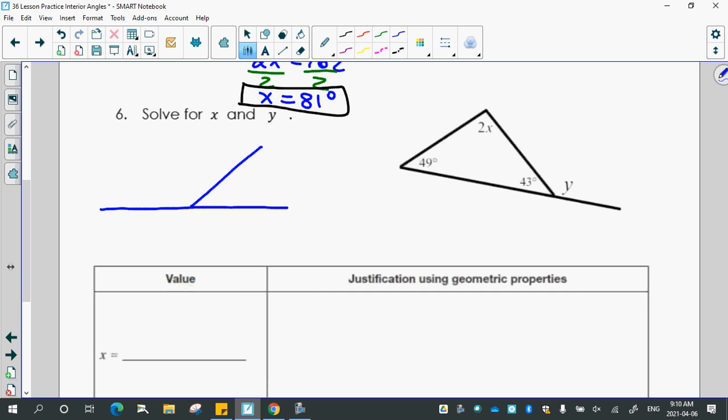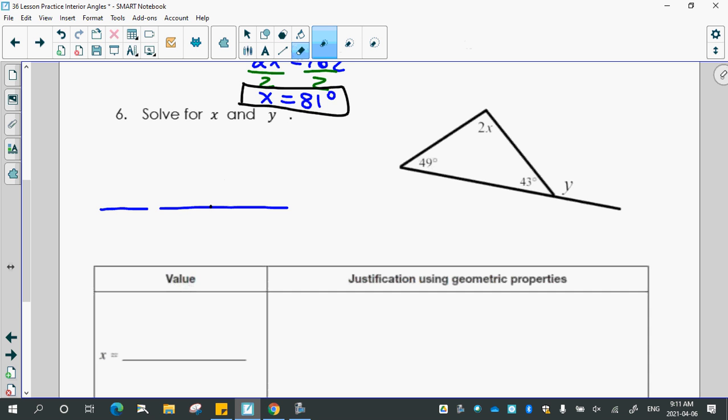See if you remember this from grade school. If you have a line and you cut it into pieces, these two pieces add up to 180 degrees. So everybody remember that? A flat line, you can divide it into as many pieces as you want.